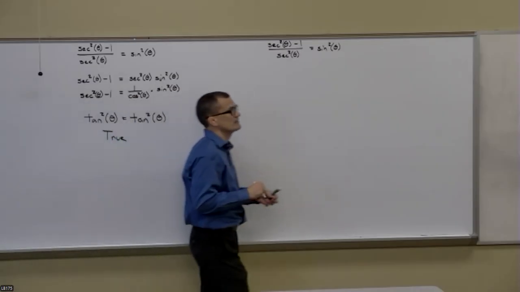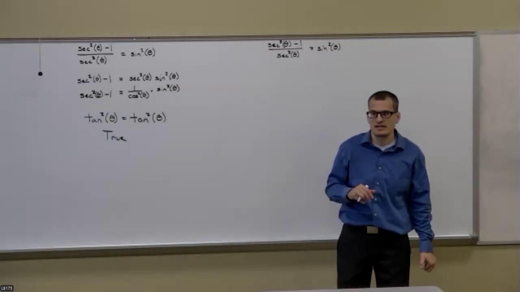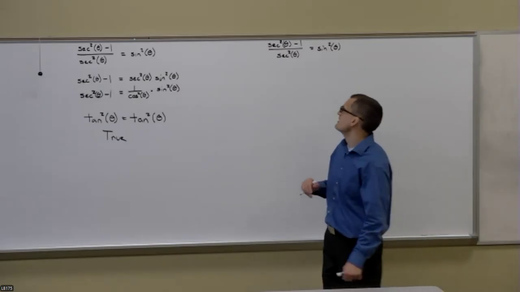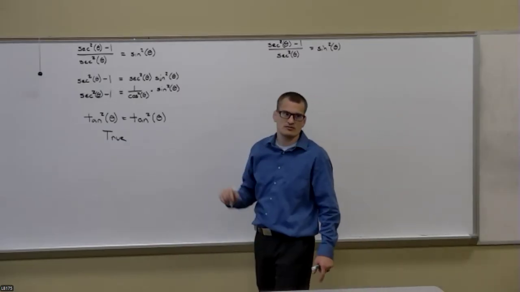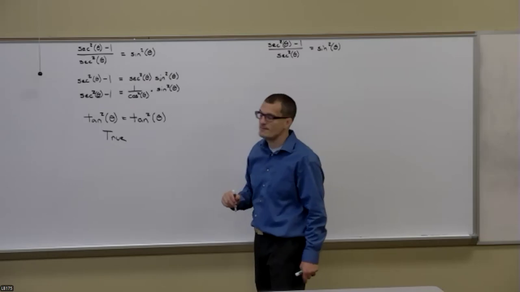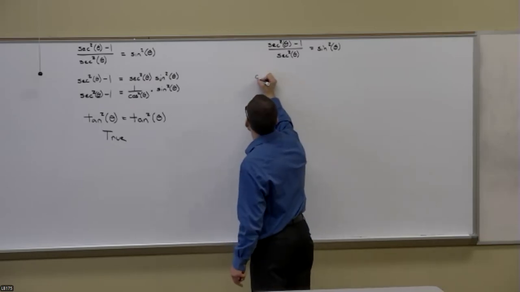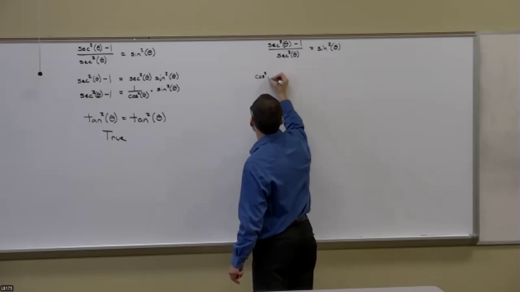Let me just give you one more to deal with. This is more closely related to the very first one we did. Let's multiply both the top and bottom of this left-hand fraction by cosine squared of theta.